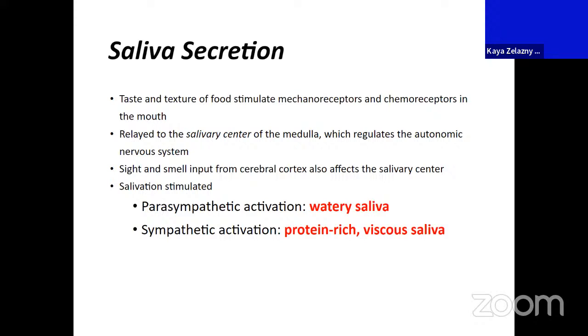This is because with sympathetic activation, the contents of the saliva are actually different. It has more proteins in it. It's less watery and more viscous. So even though you're producing saliva, your tongue can sense that it's not the same quality as when we're just resting.